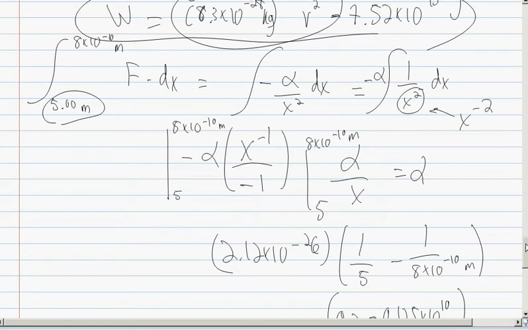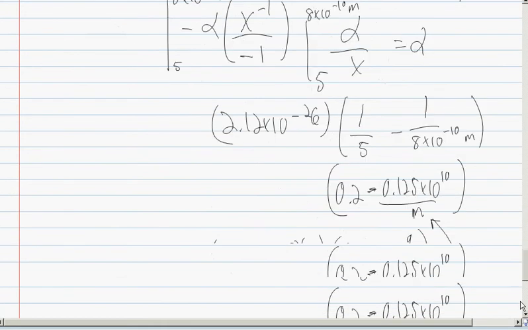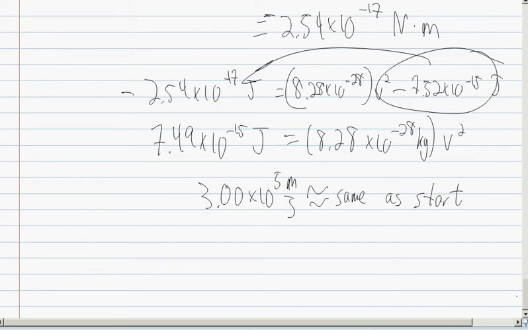Let me make sure the constant's right. It says how close does it get? So this time we're going to solve for from 5 to x. Oh, this is for part B.